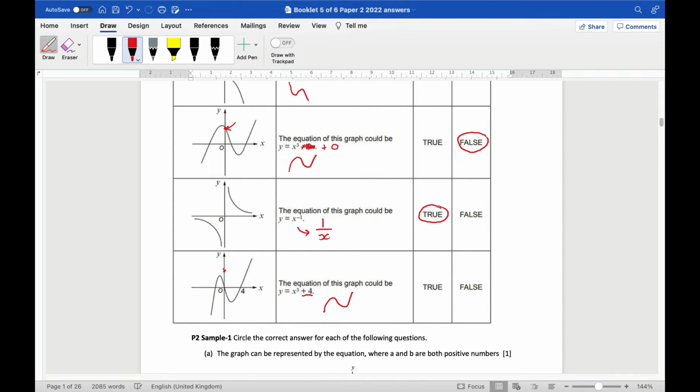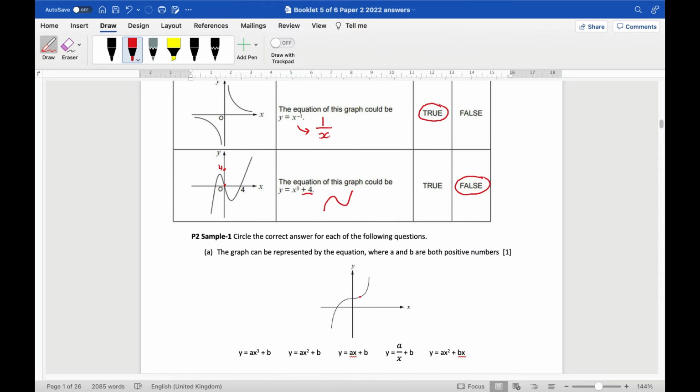Well, +4 would be up here somewhere. This isn't. This is cutting at 0. So actually, this must be false. This, I'm looking for a cubic with a positive y-intercept. Straight away I get it. This is a quadratic, this is a linear, this is a reciprocal, and this is a quadratic again, so they can't be that, okay?